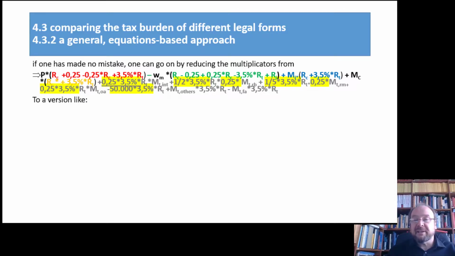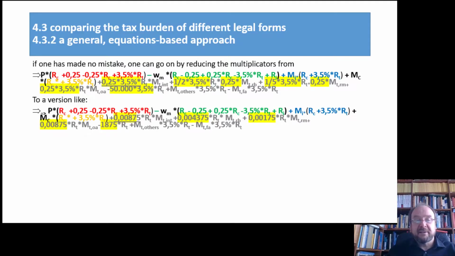And you can again transform that by multiplying the numbers which you know, and so simplifying things a bit further. For example, naturally 1/2 of 3.5% times trade tax rate times 0.5 can be simplified.